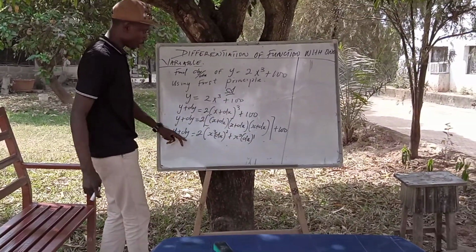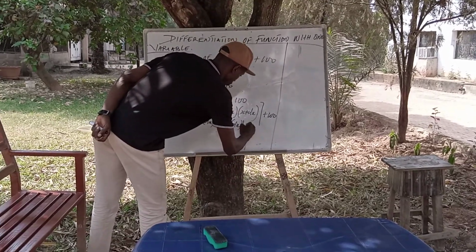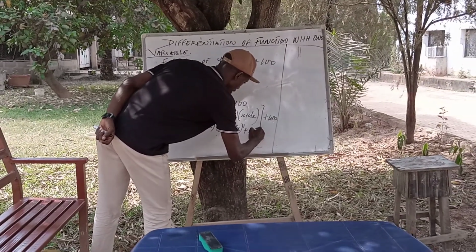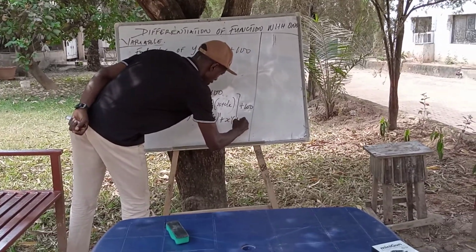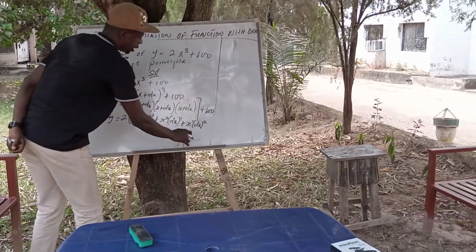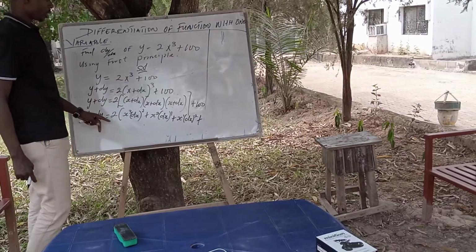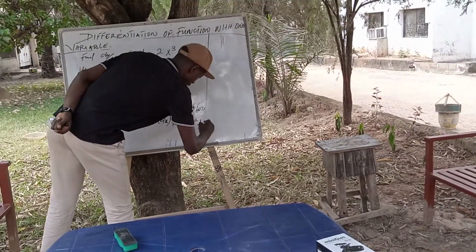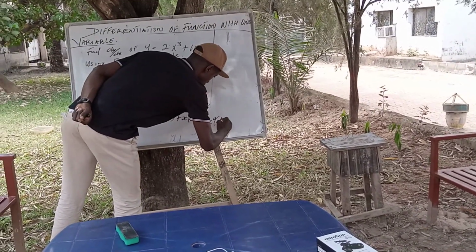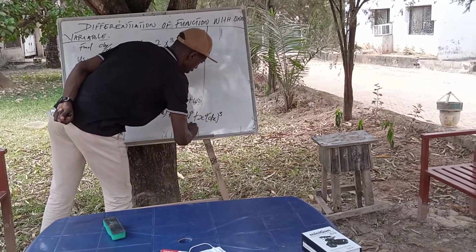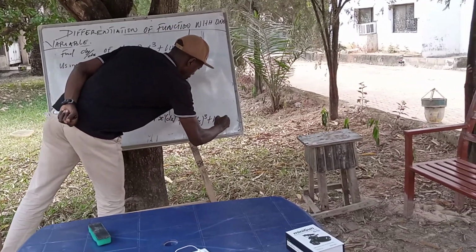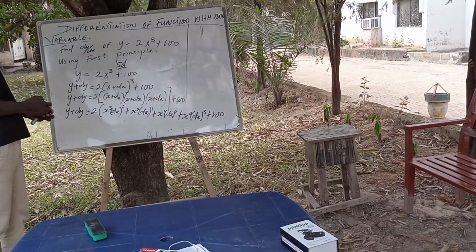The next one that follows it now, we have it as plus x raised power 1. Next one is what? X raised power what? 2. The next one that follows it, we have it as plus x raised power 0. X raised power 0 into x raised power what? 3. Then plus what? 100. So we have something like this.